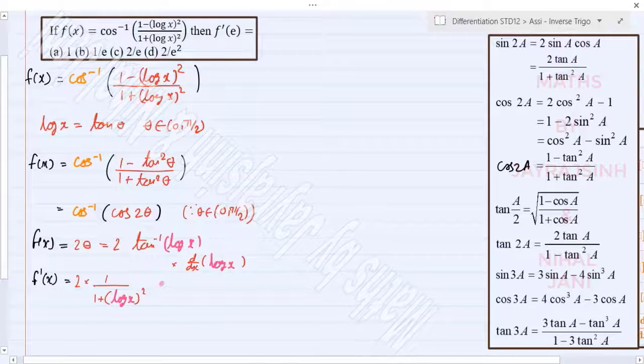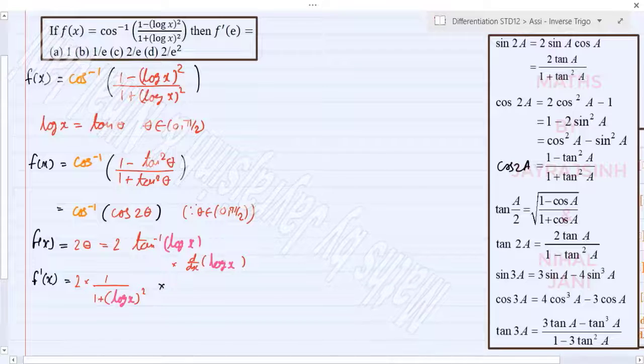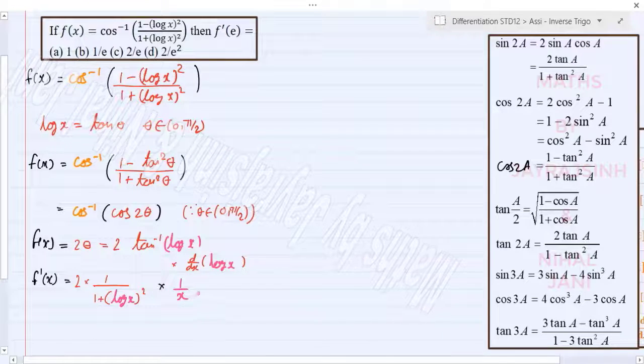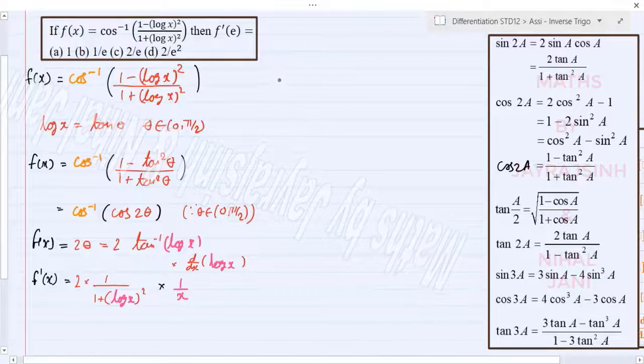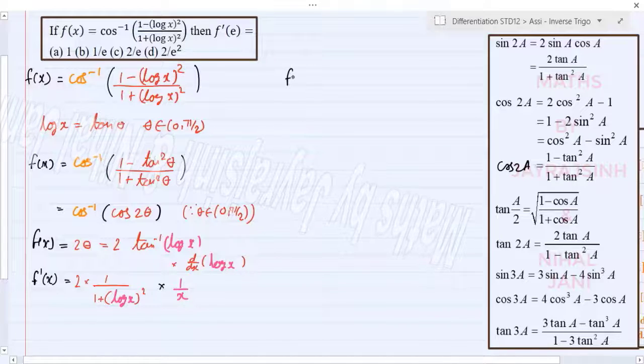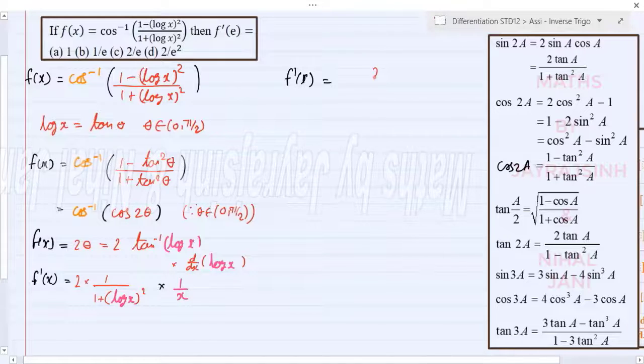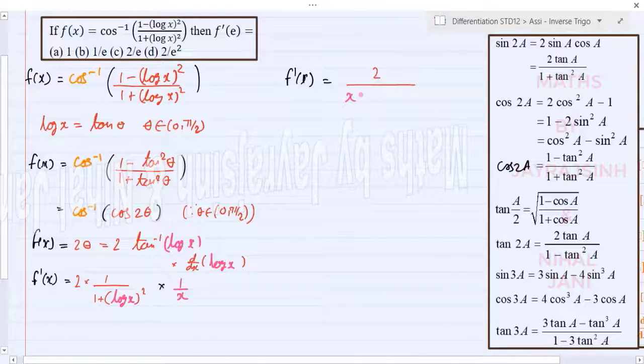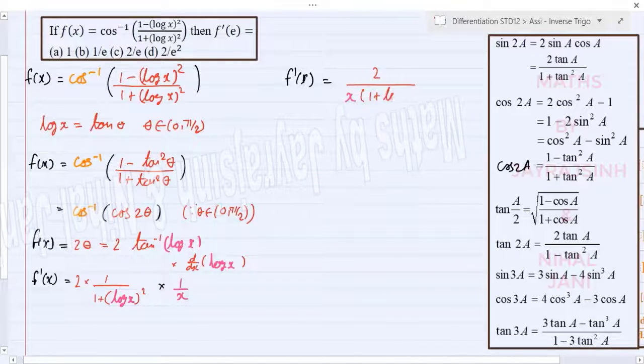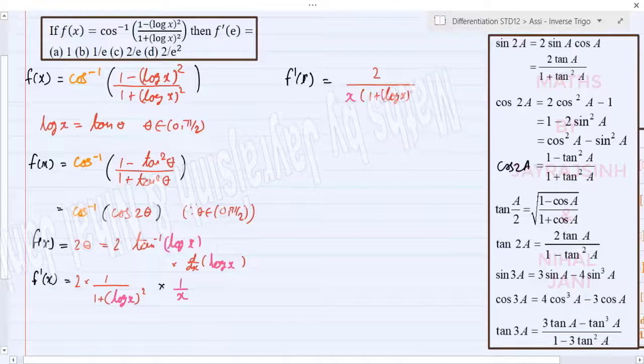Within the box, we have log x. We just have to multiply the differentiation of log x, which is 1 by x. So your f dash x can be simplified as 2 upon x into (1 plus log x square).